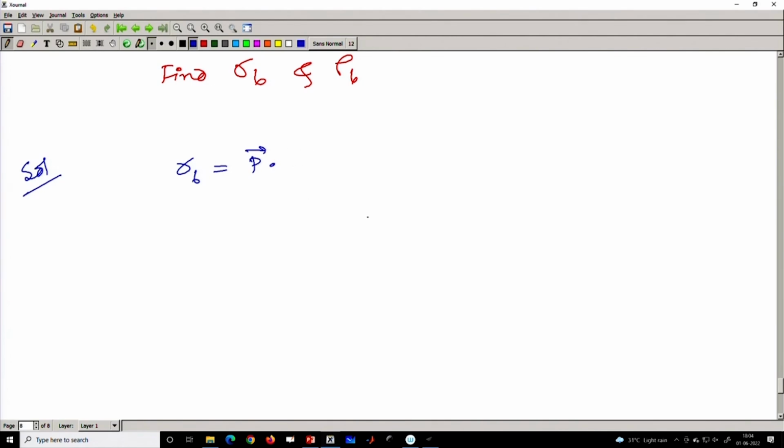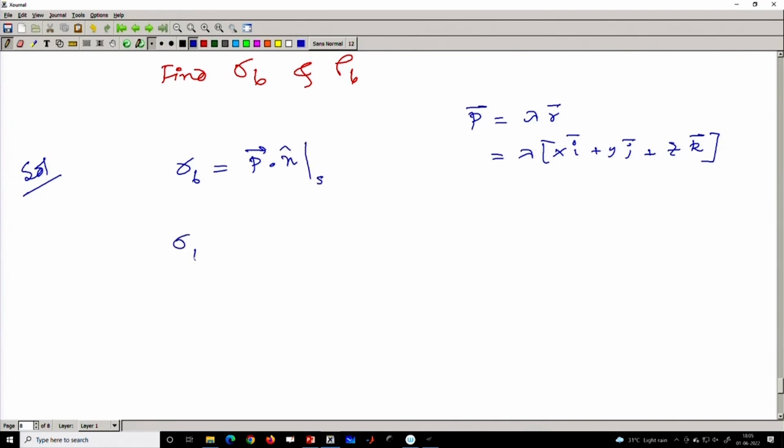Let me write down the polarization here first. Polarization is lambda r, which is lambda times (x i plus y j plus z k), and the bound surface charge density for any surface is P dot n, calculated on top of the surface.